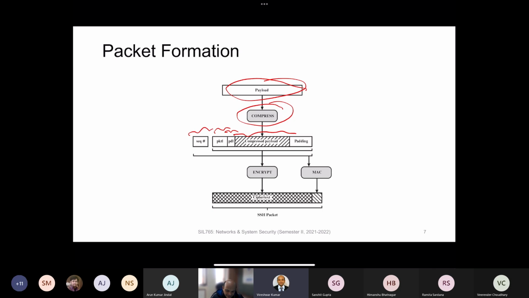And then you call both functions, the encryption algorithm and the MAC generation algorithm, on the message. So this part is fed to the encryption algorithm.